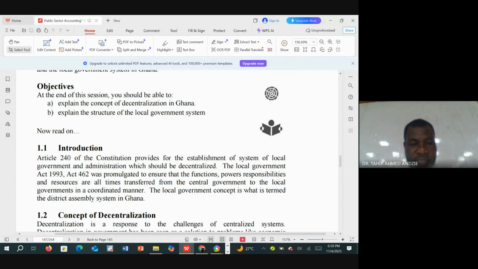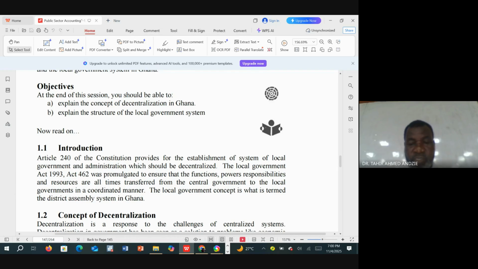So the Local Government Act, Act 462 of 1993, was promulgated to ensure that the functions, powers, responsibilities, and resources are at all times transferred from the central government to the local government in a coordinated manner.